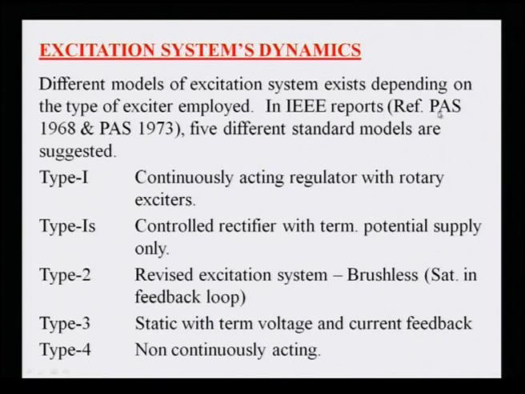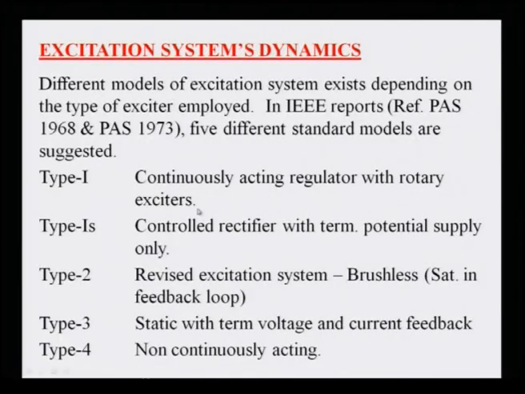In the IEEE report on power apparatus and systems in 1968 and 1973, 5 different standard models were suggested. These models include type 1, type 1S, type 2, type 3 and type 4. These 5 models are normally recommended and used for transient stability analysis.